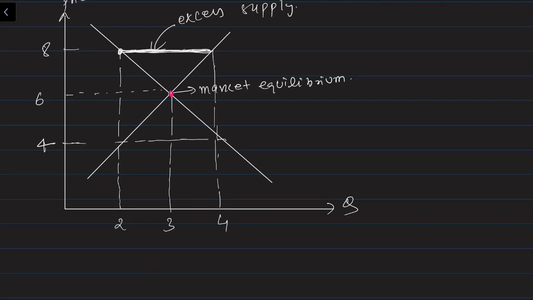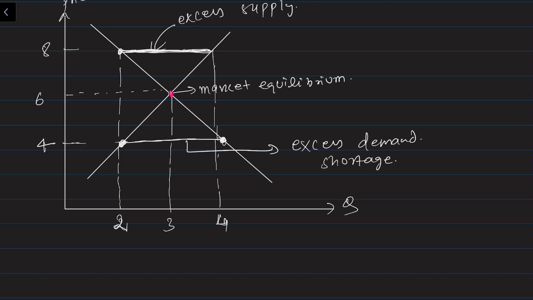Now, since the price is lower than the market equilibrium price, the length of this line gives us the excess demand, or we can also call it shortage, because the quantity supplied is only 2 units and the quantity demanded is 4 units. So there will be 2 units of shortage in the market.